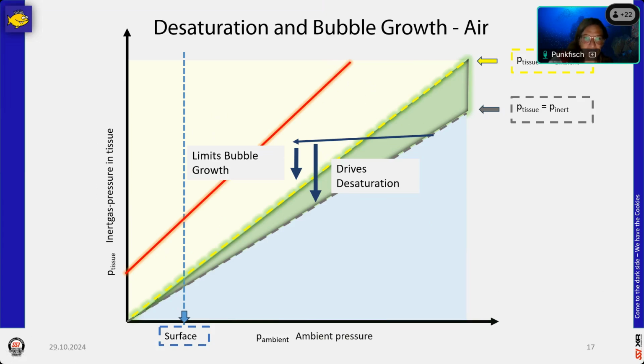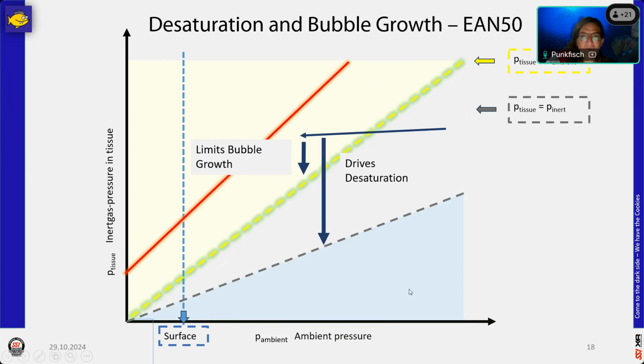So this is when bubbles form, and the ambient pressure kind of keeps these bubbles together. And at the same moment, the desaturation goes along the inert gas gradient, which means that already without reaching this area of supersaturation, I can start to desaturate, and there is an important screw I can turn when using decompression gases.